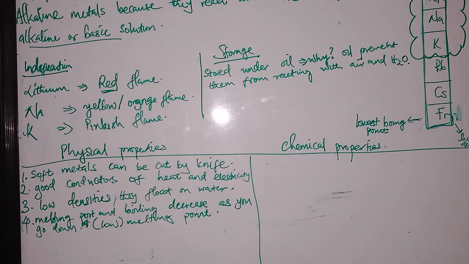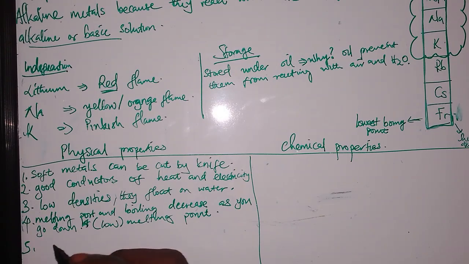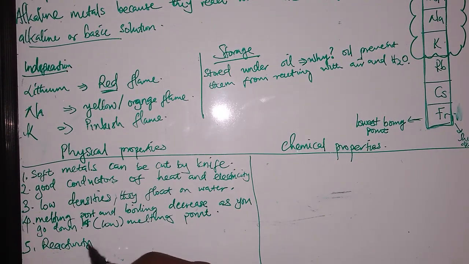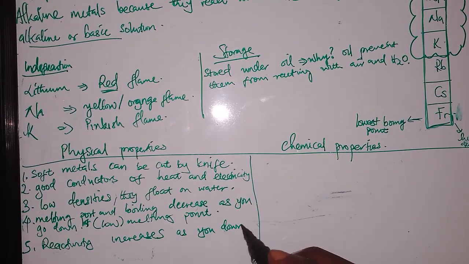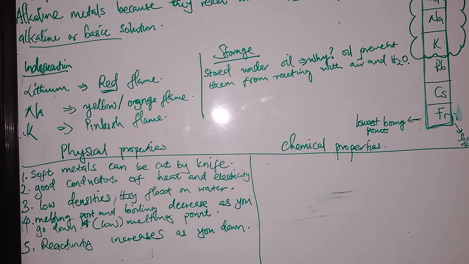The next thing is the reactivity increases as you go down the group. So the last physical property is that the reactivity increases as you go down. These properties increase as you go down.